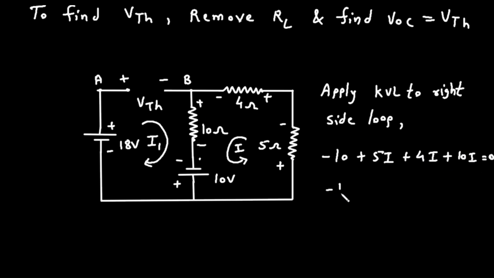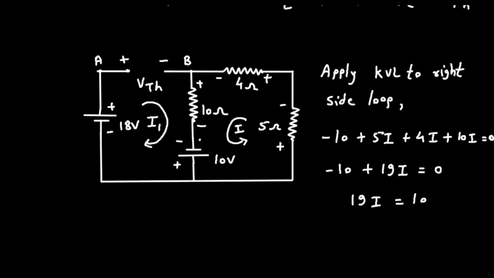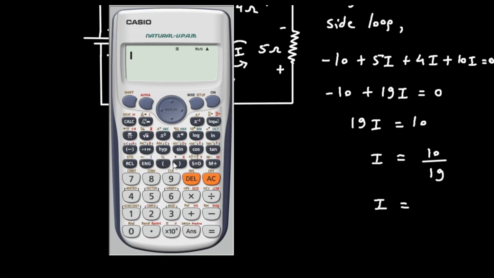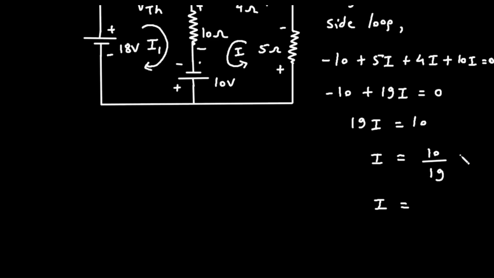Let's simplify this. Minus 10, 5 plus 4 is 9, 9 plus 10 is 19. So plus 19I is equal to 0, so 19I is equal to 10. Therefore I is equal to 10 divided by 19. We can keep 10 by 19 ampere as it is to get the precise answer.